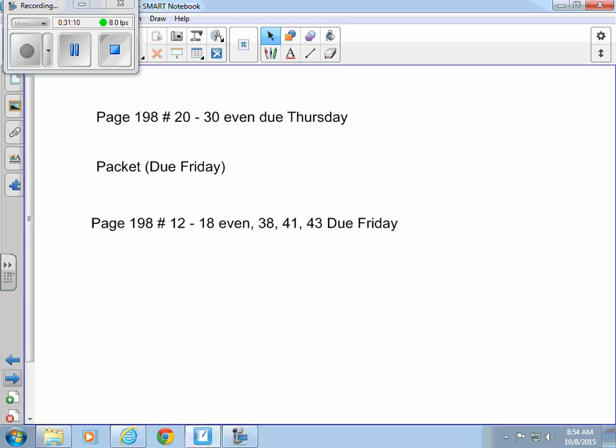Anytime it says absolute extrema, know that you can't do that yet. So on the packet, you can work number 1, identify the intervals of increasing and decreasing and find extrema. Can you do that already? Yes, absolutely. So go through and see the ones you can do. If it says absolute or global, those are the ones that you probably don't know how to do yet. Local and relative, you know how to do. Absolute and global, you don't.